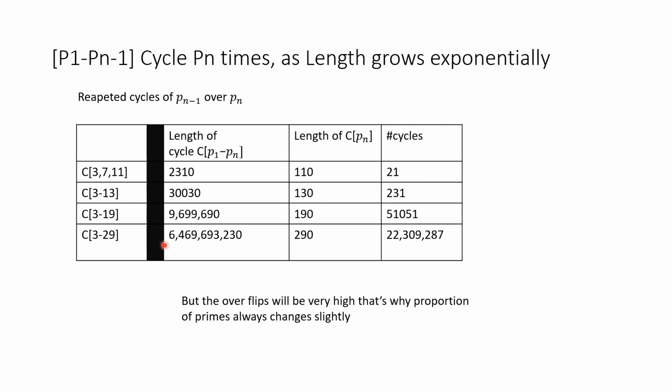And you see this is the length in tens, and we see how huge the cycle gets so quickly. But that doesn't matter because the proportion of prime tens per length doesn't change so much. It changes slightly. We know that already from number theory, right?